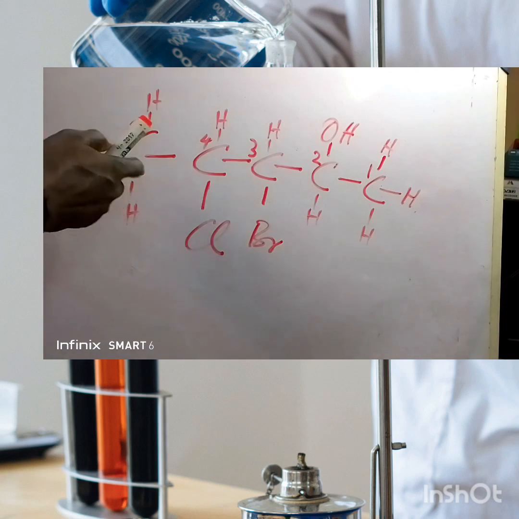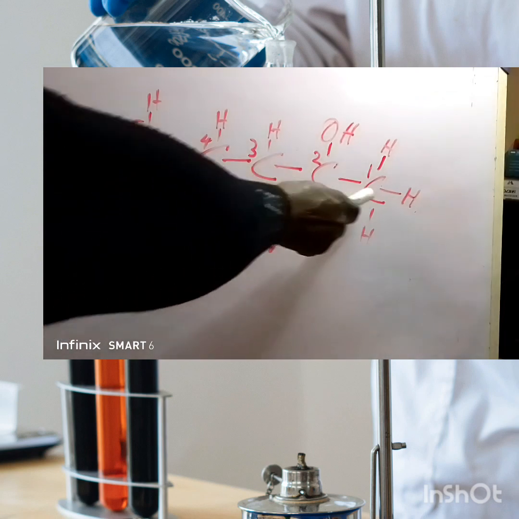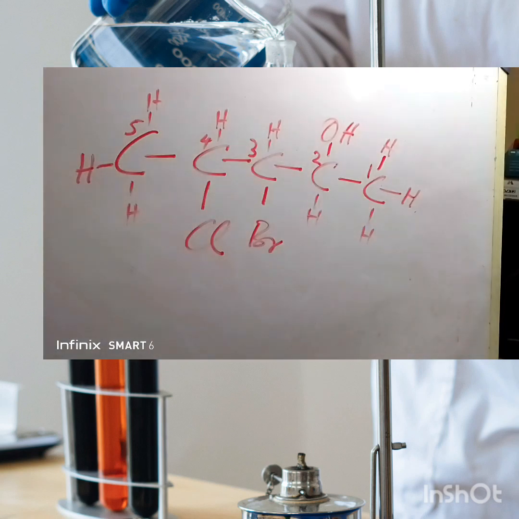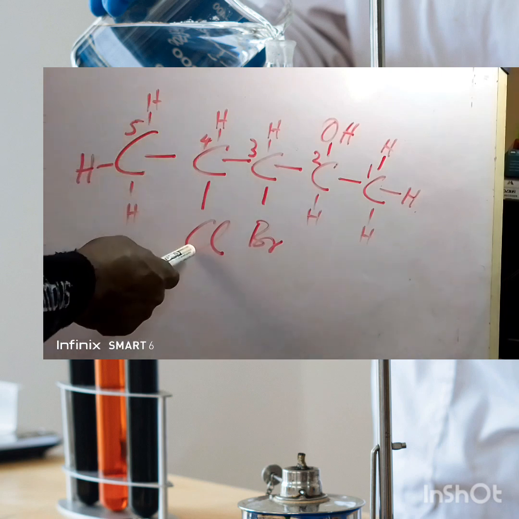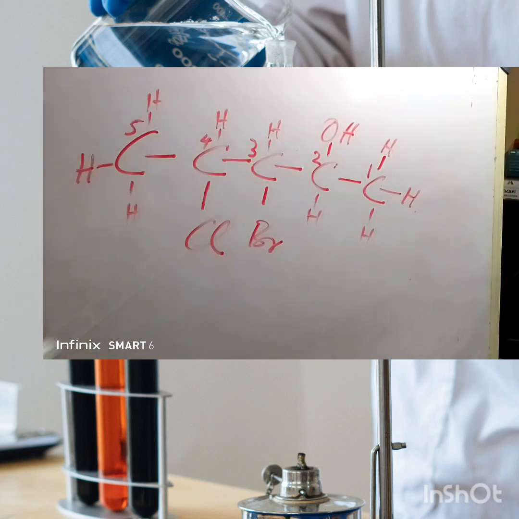If you number it the other way, that is a wrong numbering because you'll be giving the suffix the largest number. So now we know the position of the suffix. The suffix is in carbon number 2, and of course we have the prefixes. We have a prefix in carbon number 4. We also have a prefix in carbon number what? 3. All right. So how do we name this now?